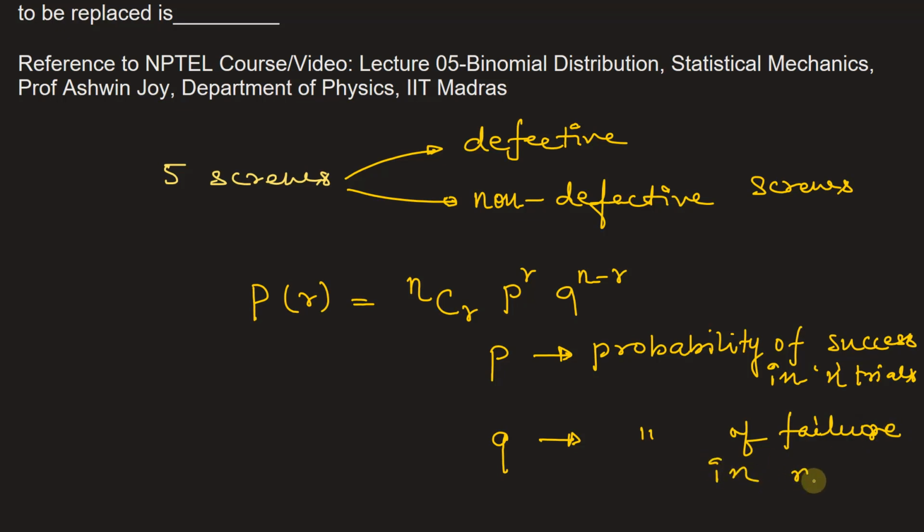Therefore, Q is equal to 1 minus P. And this is according to binomial probability distribution.